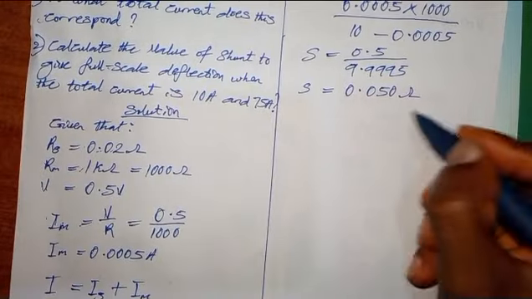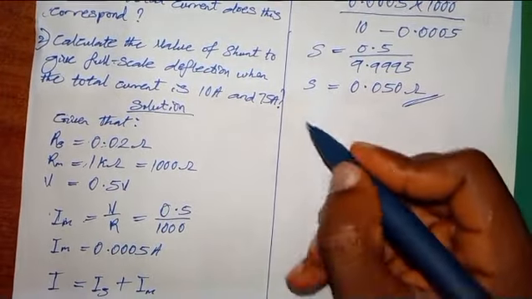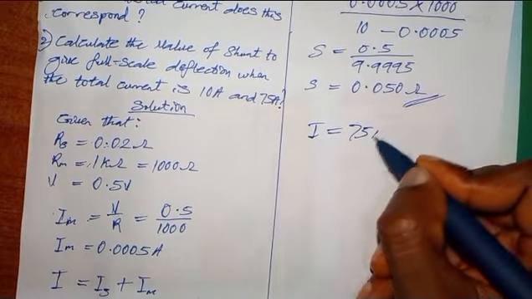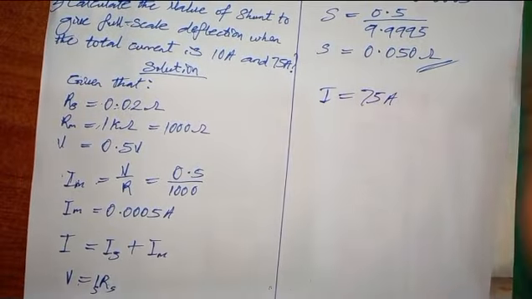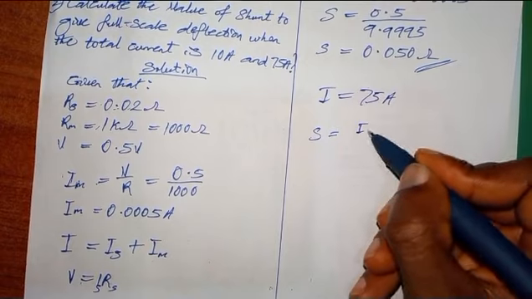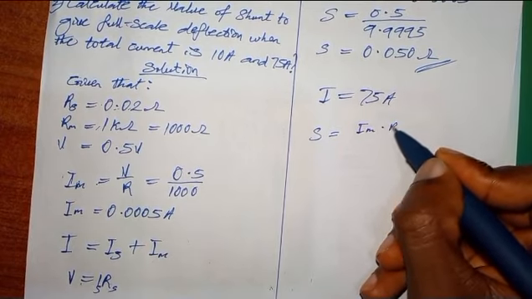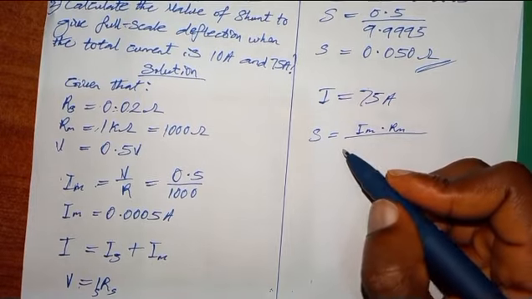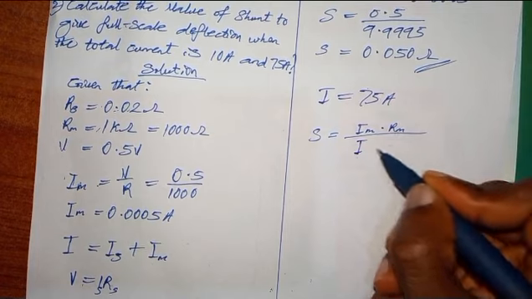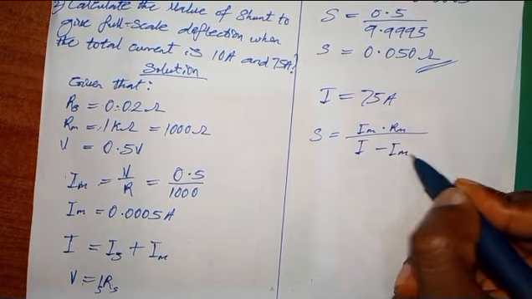Then solving for when the total current is 75 amp, that will be just fixing it in the formula, which is S equals Im times Rm divided by I total minus Im.